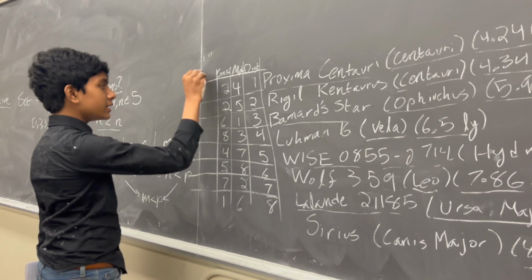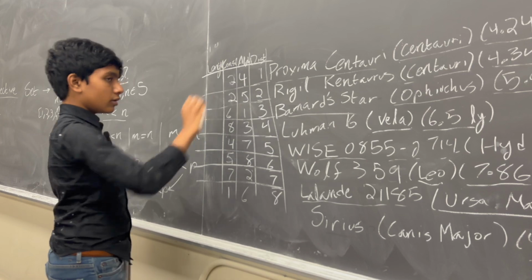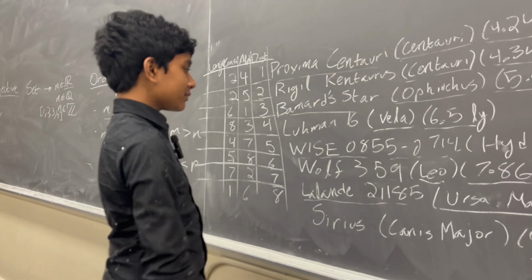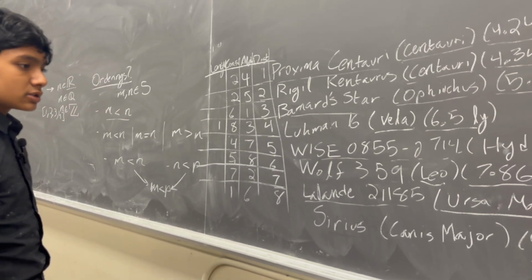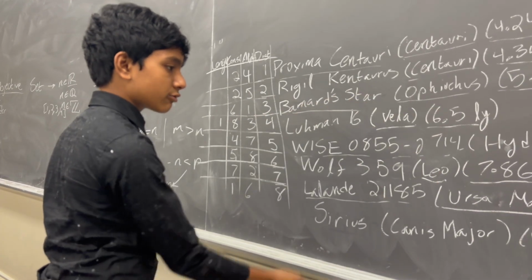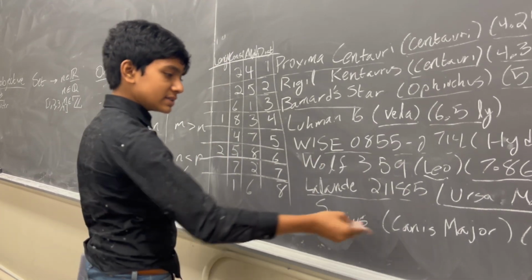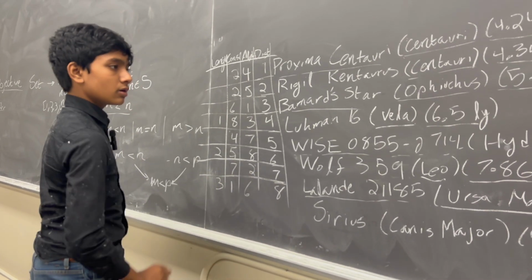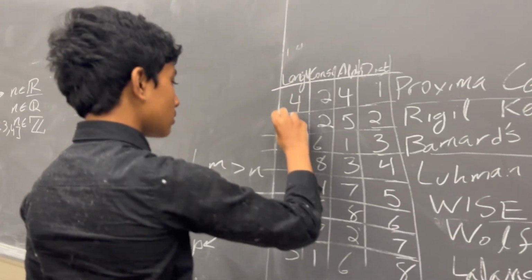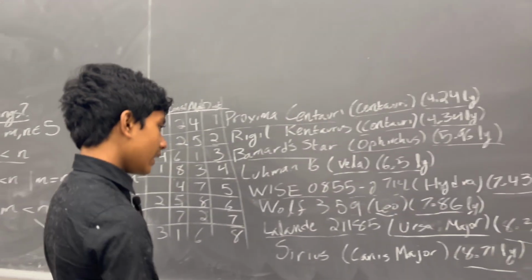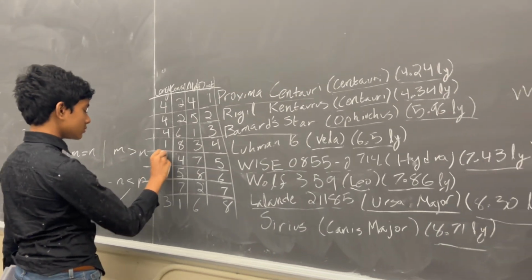And finally, we could even order them by the length of my writing on the blackboard. And I'm just going to go by rough numbers here. So it looks like this one took me the least space to write, followed by Wolf 359, followed by Sirius, followed by these three roughly being equal, and then these two being the longest and also being roughly equal.